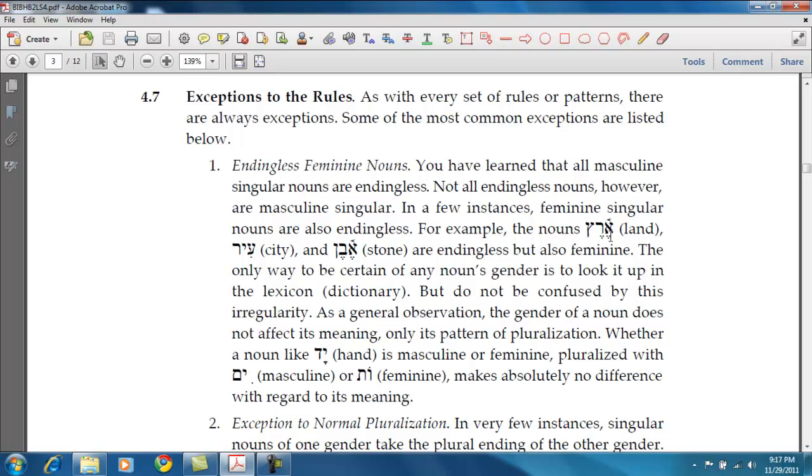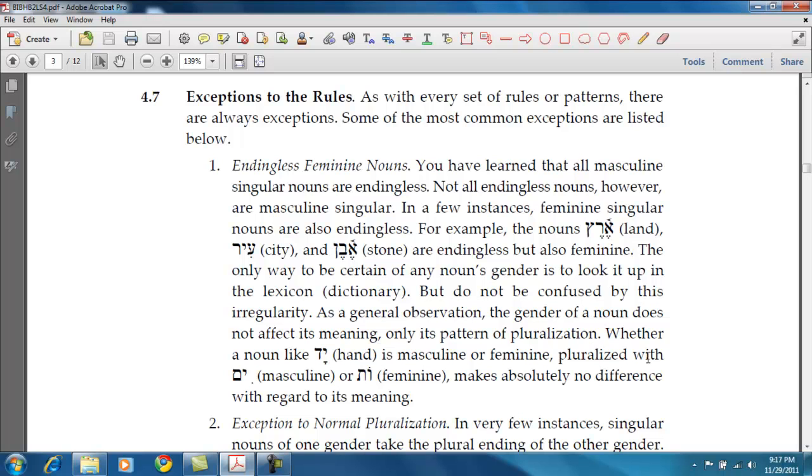Eretz is feminine, but yet it does not have a kametz he, or a segol he, or a hirik yod, or a segol tav, or a hirik tav, or patach tav on it. It has no ending on it. Ozen, ear, is the same way, with no ending on it. Even has no ending. So there are endingless feminine nouns.